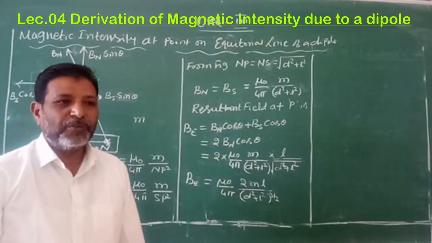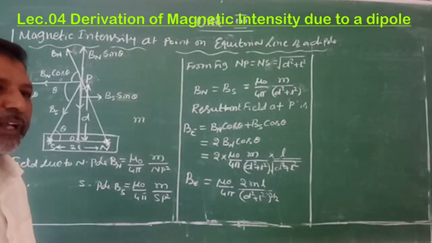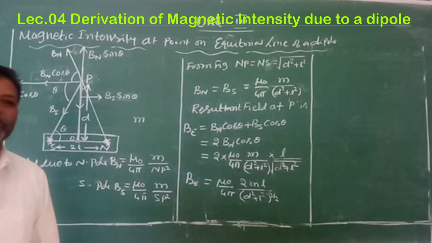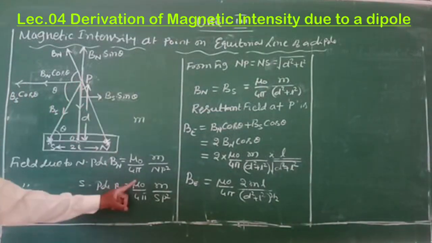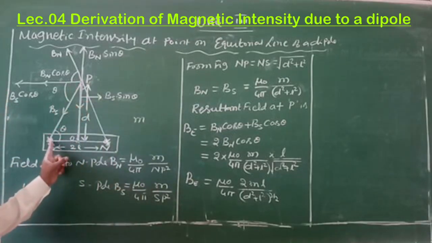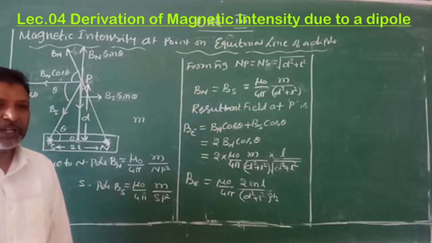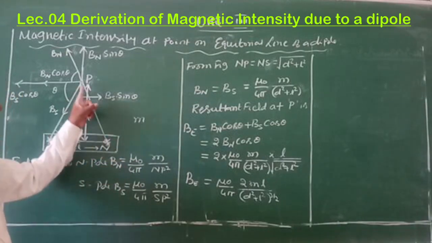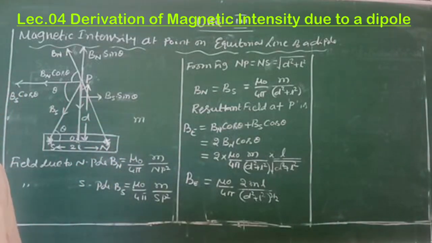It is the same, since pole strength is same, and the distance of the point from the south pole is SP, so SP square. This is the value of field due to the north pole at this point, and this is the field due to the south pole, isn't it?